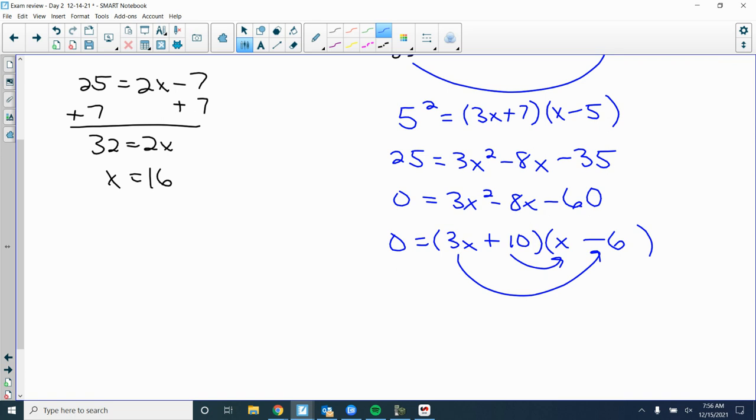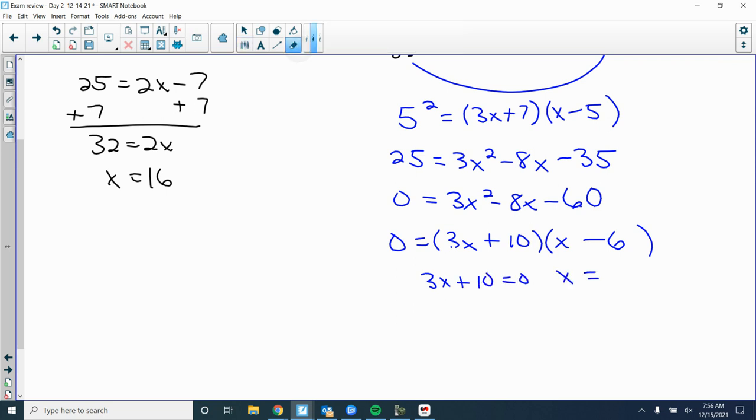And 10 times negative 6 is negative 60. Now set each of those equal to 0. 3x plus 10 equals 0. x minus 6 equals 0, which means x equals 6, or negative 10 thirds.